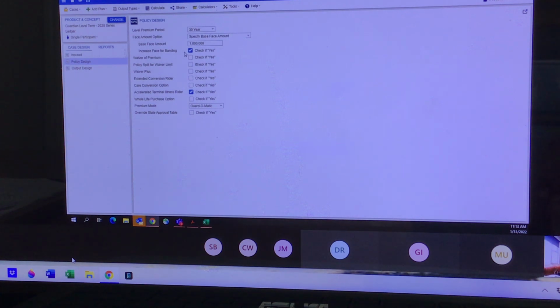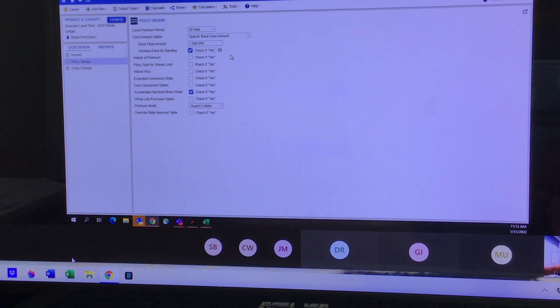This right here, increased face for banding, we always want that checked. And the reason for that is, depending on the cost per thousand, think of it like buying in bulk. You have certain bands in which the cost per thousand is going to go down. So if I buy $1 million, the cost per thousand on that $1 million is going to cost me less than if I bought $995,000.